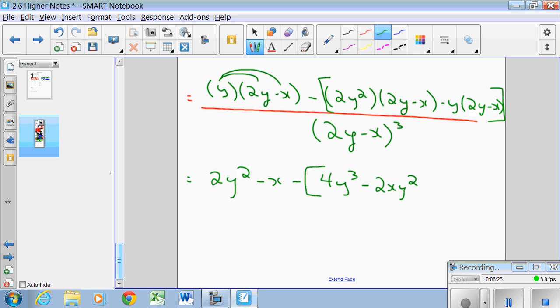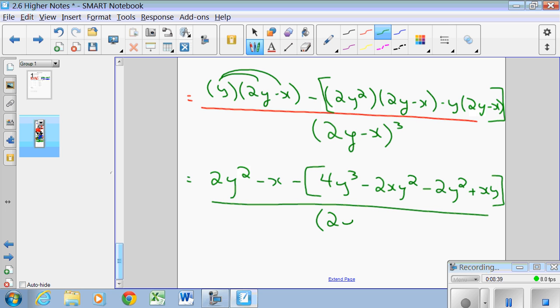If we just write those in alphabetical order, multiplying at the end, I have minus 2y squared plus xy. And those are in my big brackets all over 2y minus x cubed.